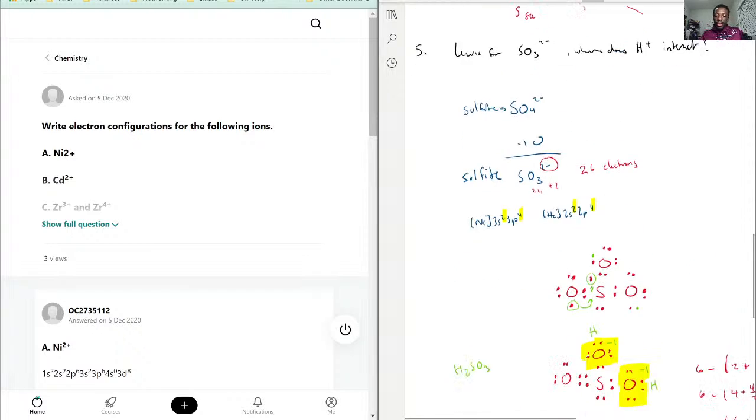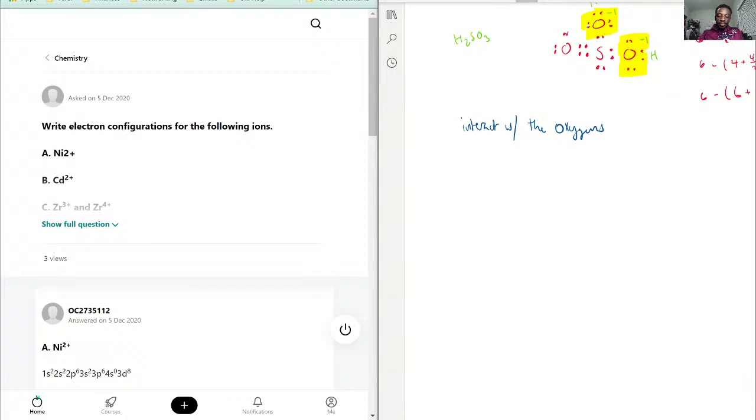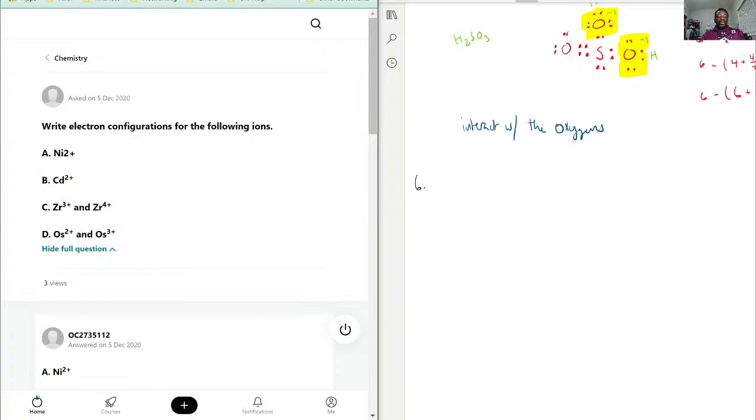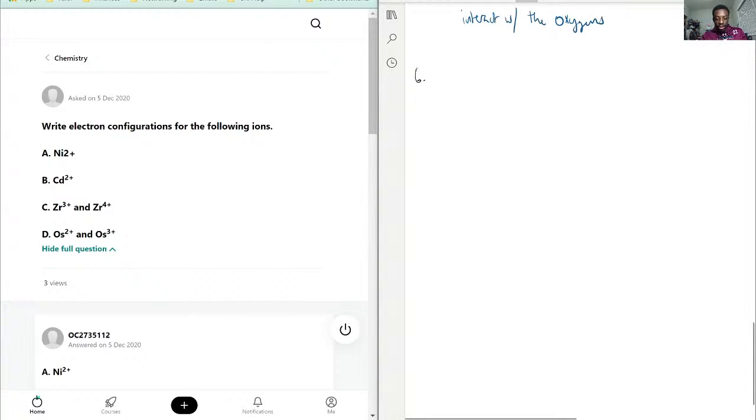So we have question number 6 here. Write the electron configuration for the following ions.